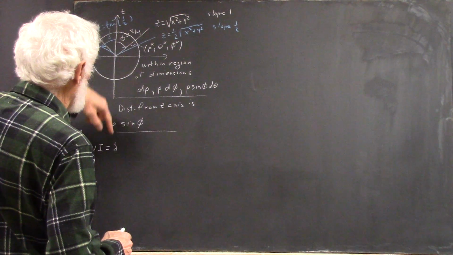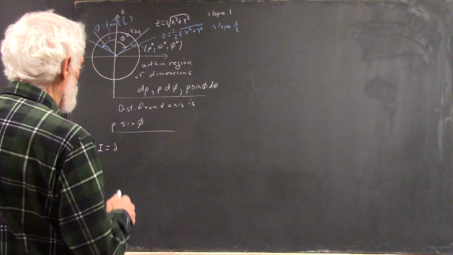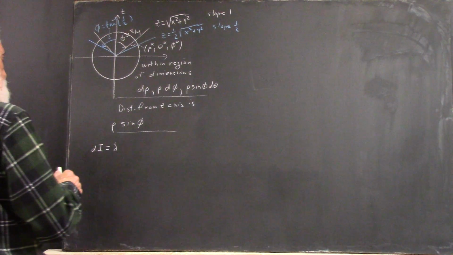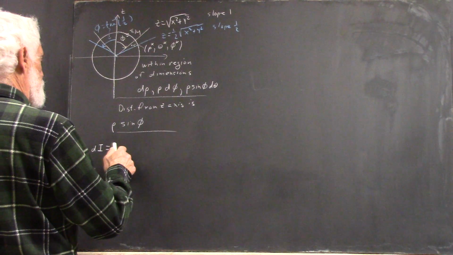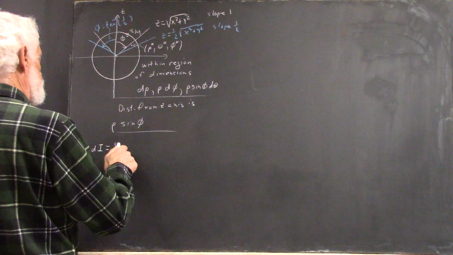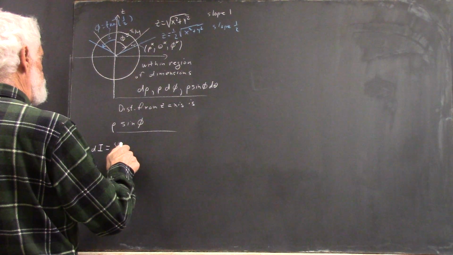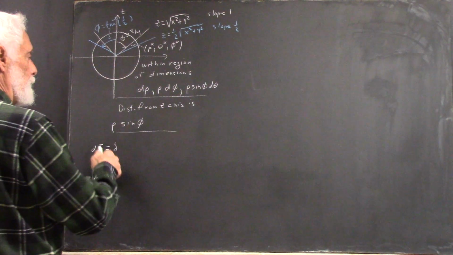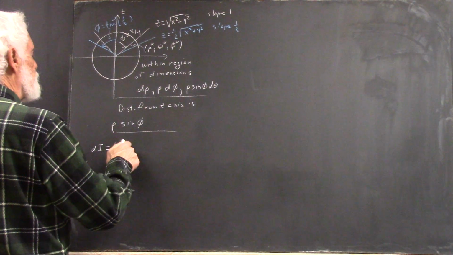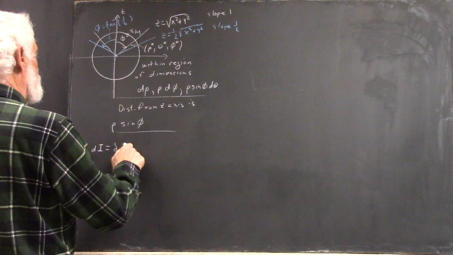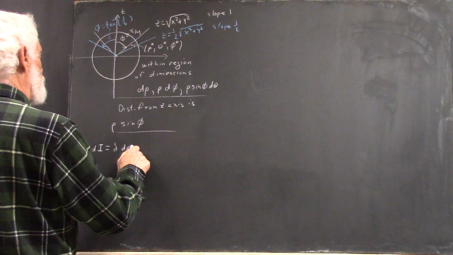I think we're assuming constant density. I'm writing this down in the order I don't want to, but I'll do it. It's density times d rho.